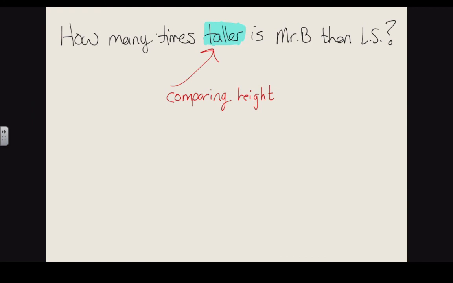So what we do is we need to figure this out. The answer to this is you turn to the fraction that's presented, and it is 5.92 feet over 5.25 feet. What do we do here to get a single answer representing how many times taller is Mr. B than Landon?